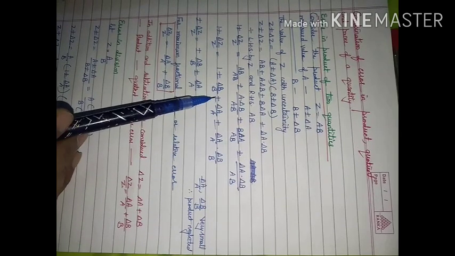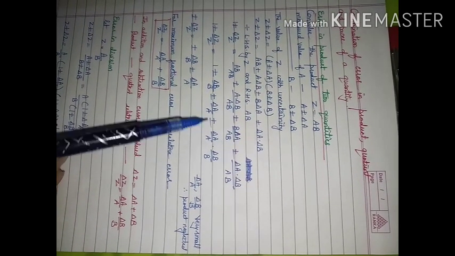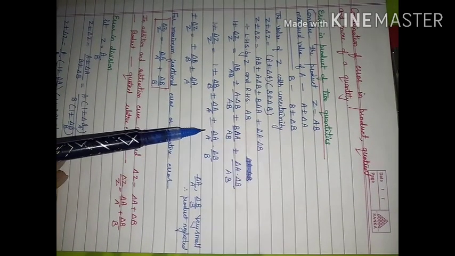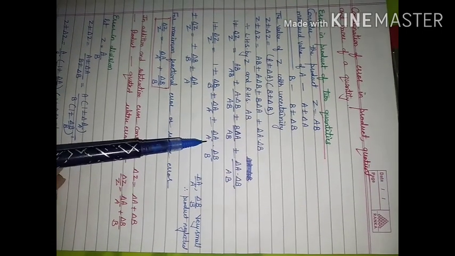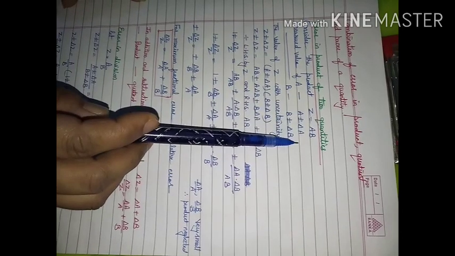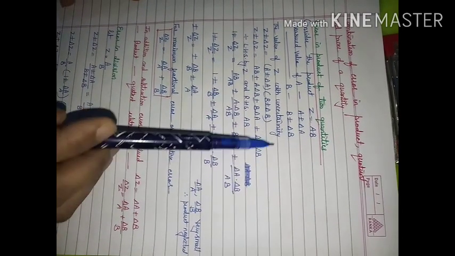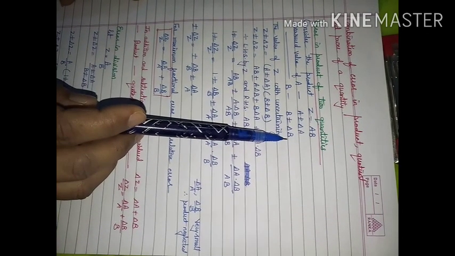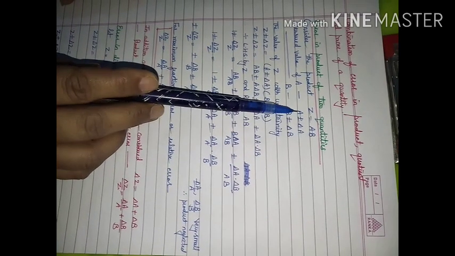So we are left with plus minus delta A upon A plus minus delta A upon A into delta B upon B. Delta A is representing uncertainty in this measurement. Delta B is representing uncertainty in this measurement. These are small values as compared to this.